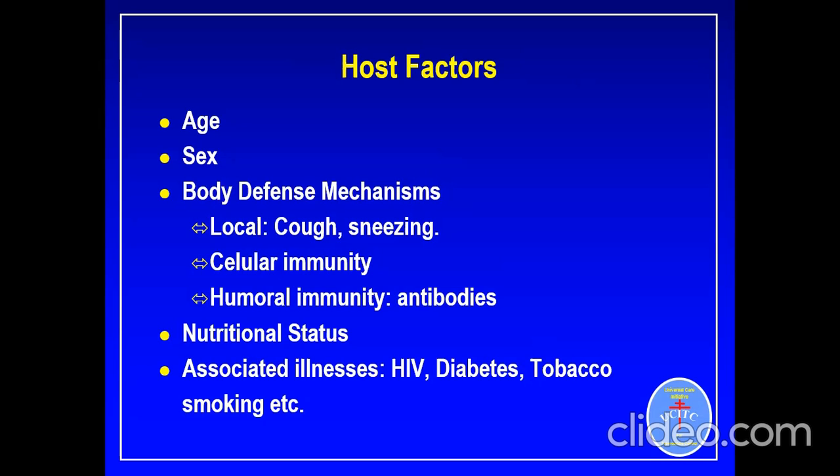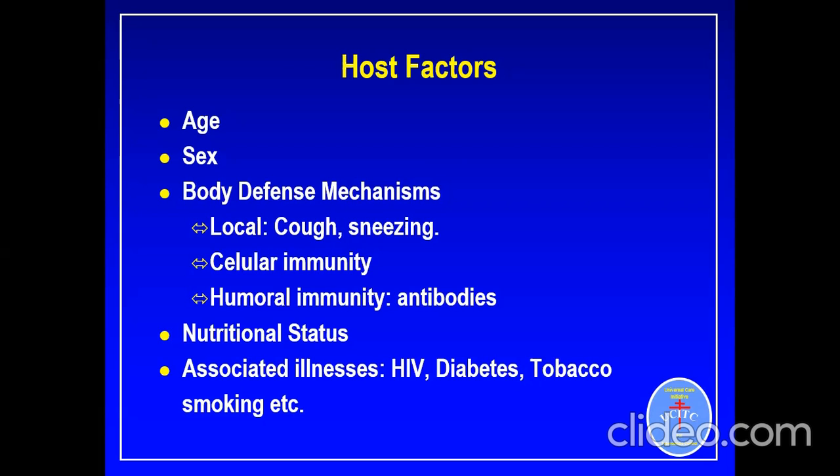Cellular immunity is the backbone of the host factor for controlling tuberculosis. If the body's cell immunity is not good, then there are chances of tuberculosis infection progressing to active tuberculosis. Antibodies also have a role, but a very minor role in tuberculosis.